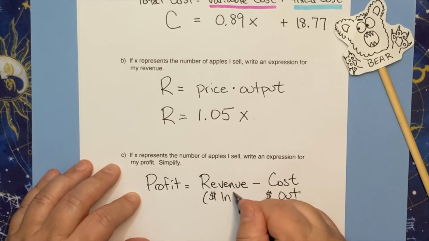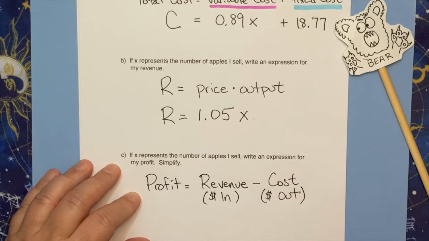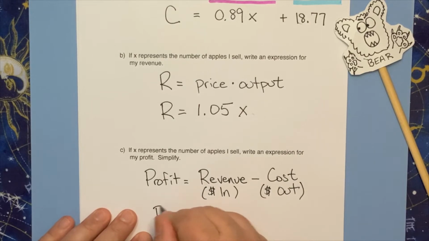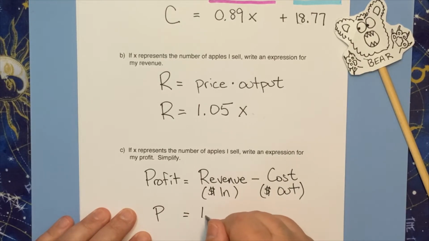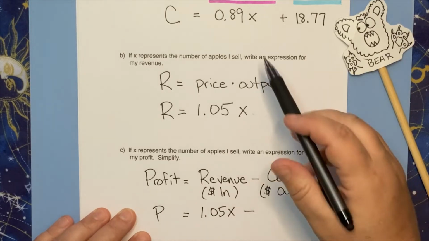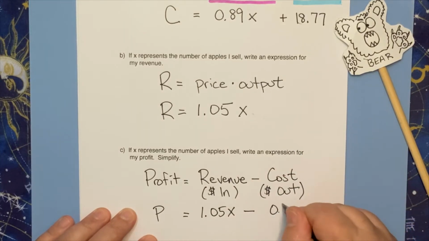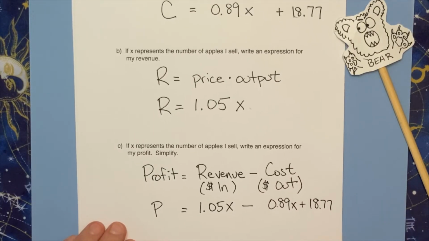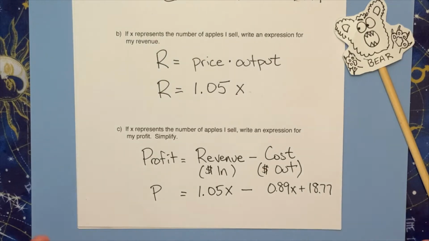Revenue is the money in, cost is the money out. And so I take my two equations here and I write out, let's see, it's 1.05x minus, and then I've got my cost, 0.89x plus 18.77. Now, if I leave it like this, I've got a mistake.